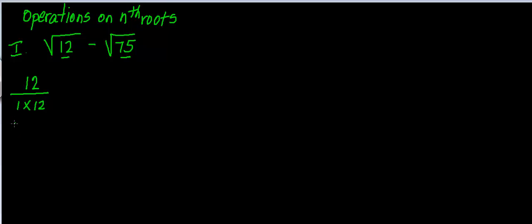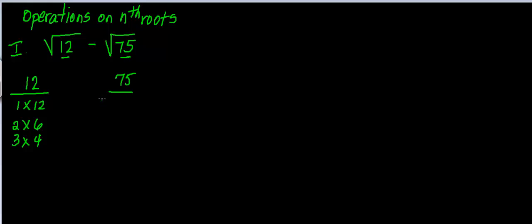The next pair of factors is 2 times 6. The next one is 3 times 4. And the next one is 4 times 3. But 3 times 4 is the same as 4 times 3. I stop. Whenever I reach a repeated pair, that means I've reached the end of the factor list for that number. The other number is 75.